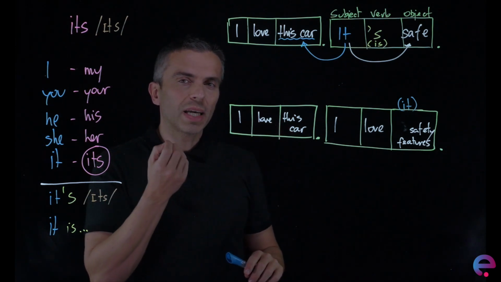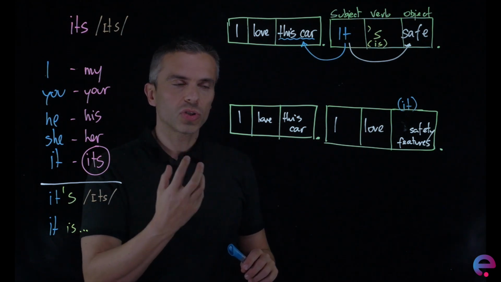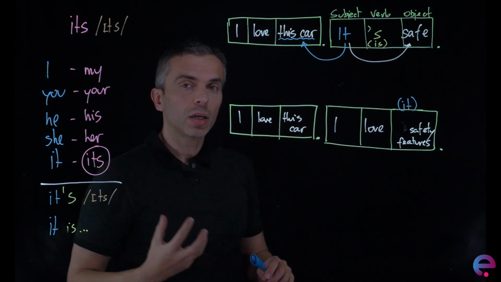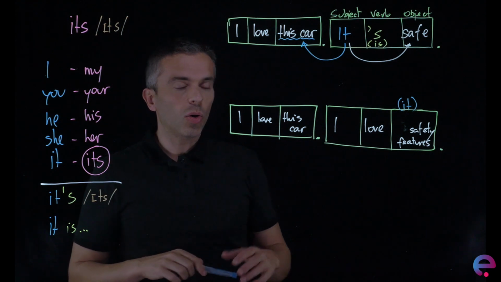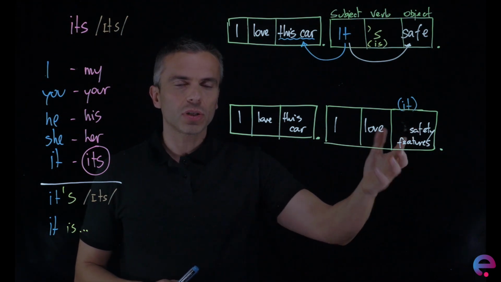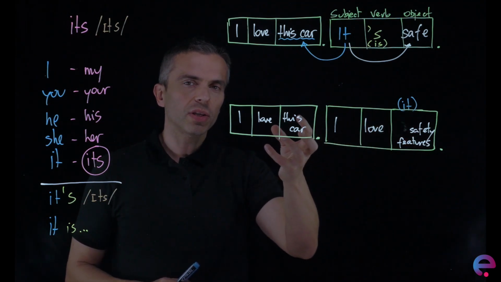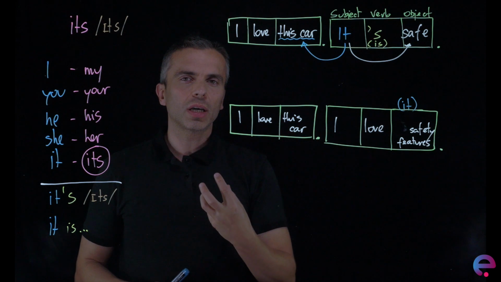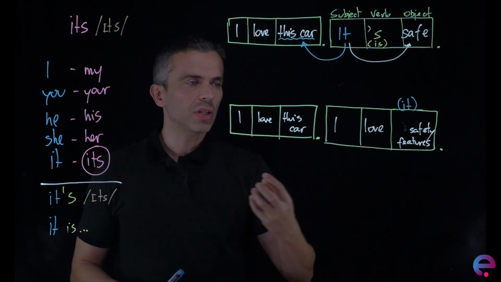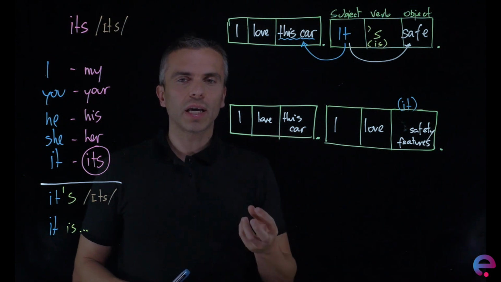We are talking about something that it has or something that it possesses. So now, what does it possess? Well, safety features. How can we refer those safety features to this car? At the same time, how can we communicate that those safety features belong to that car?